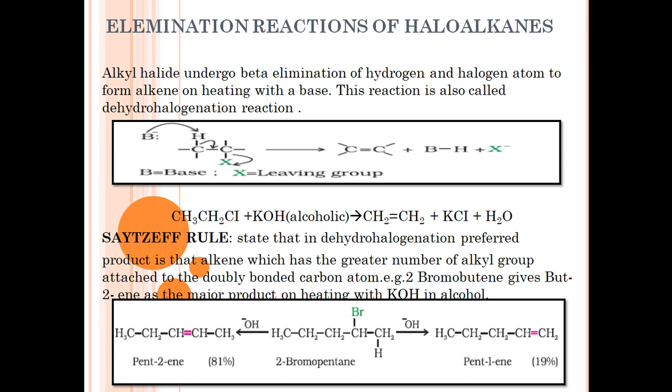Here we can see the example: pent-2-ene we get when we heat 2-bromopentane in the presence of KOH. 81% we get pent-2-ene and 19% we get pent-1-ene, because the larger amount of that alkene is produced which has a greater number of alkyl groups attached to it.